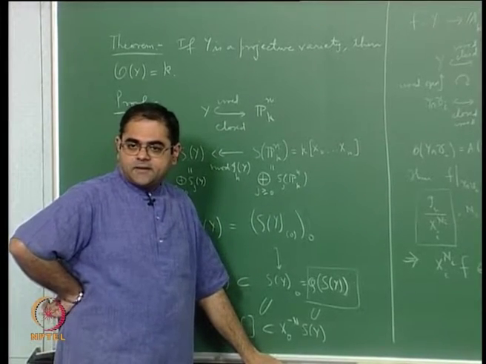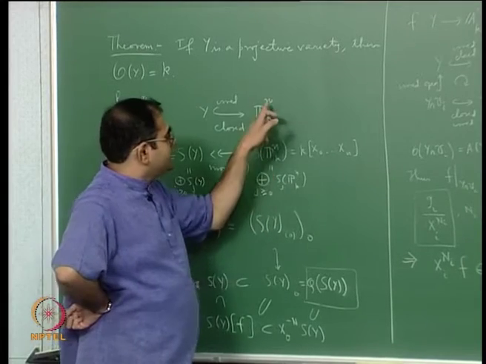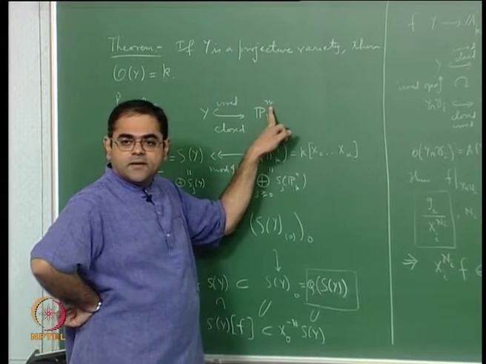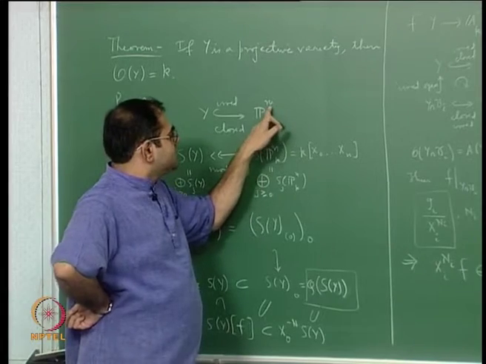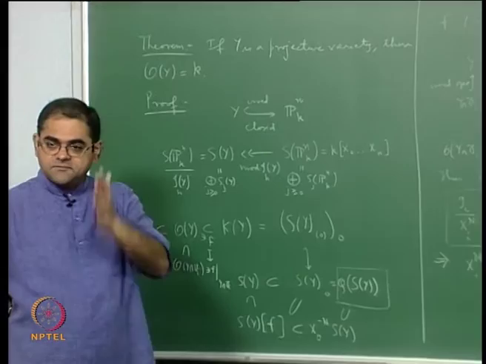Therefore in that case we can reduce this n to come to a situation where Y is embedded in a projective space and it intersects every Ui.